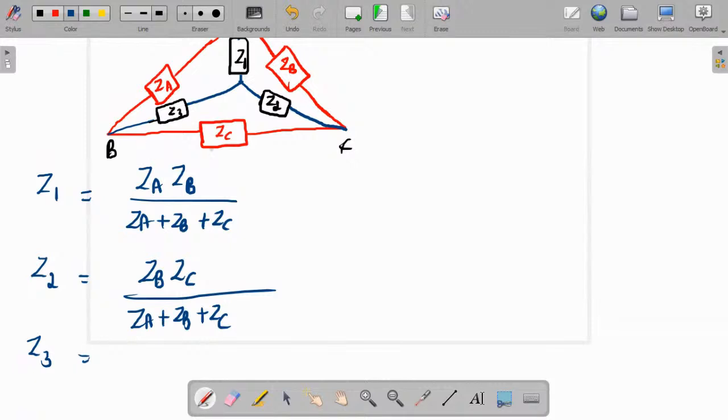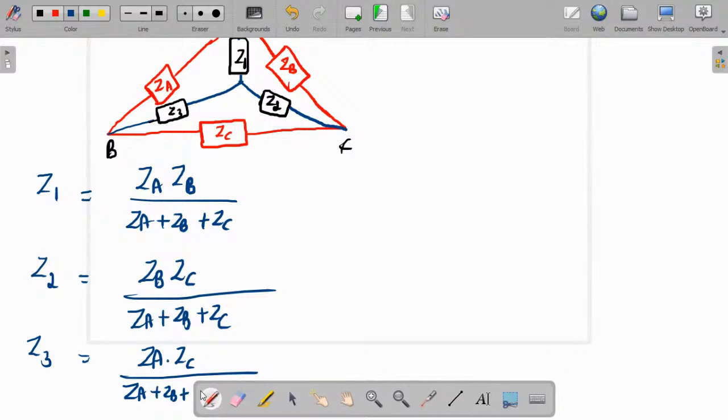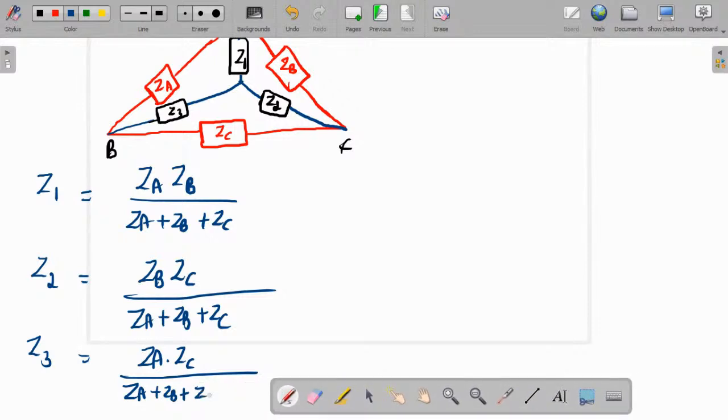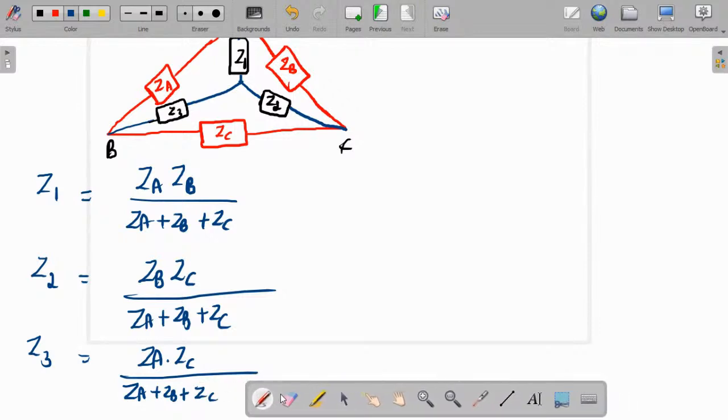For Z3, ZA and ZC are the associated branches. So ZA into ZC divided by the sum of impedances ZA plus ZB plus ZC. Okay, this is delta. If you are given a delta network, you are converting it to a star network.